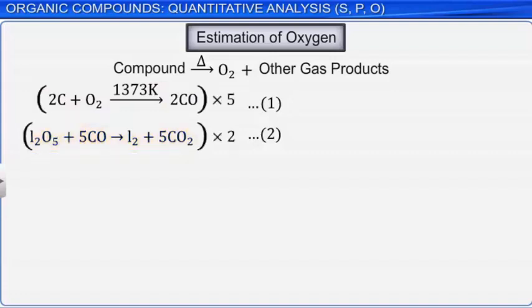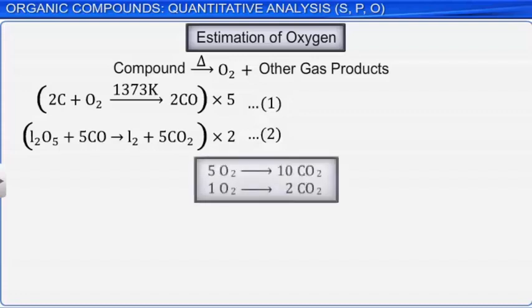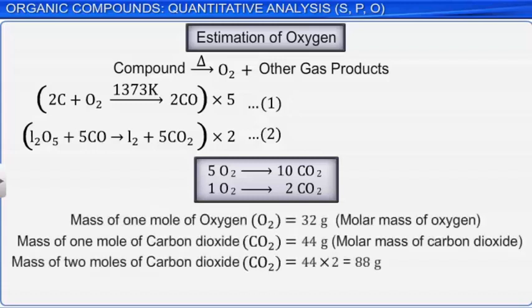It is clearly evident from the equation that 1 mole of oxygen liberated from the compound produces 2 moles of carbon dioxide. Thus, 88 grams of carbon dioxide is obtained if 32 grams of oxygen is liberated.